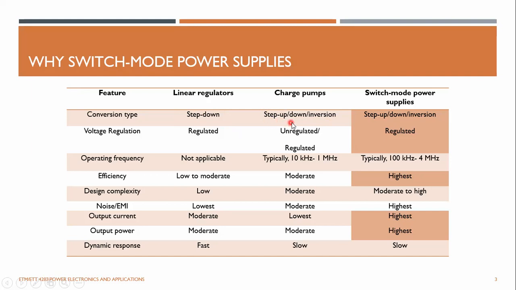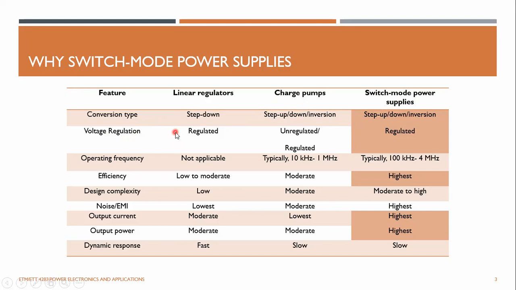They can step up, step down, or change the polarity. For example, last week we discussed how to build a positive to negative voltage converter using a charge pump converter, right? Switch mode power supplies also offer all three conversion types.